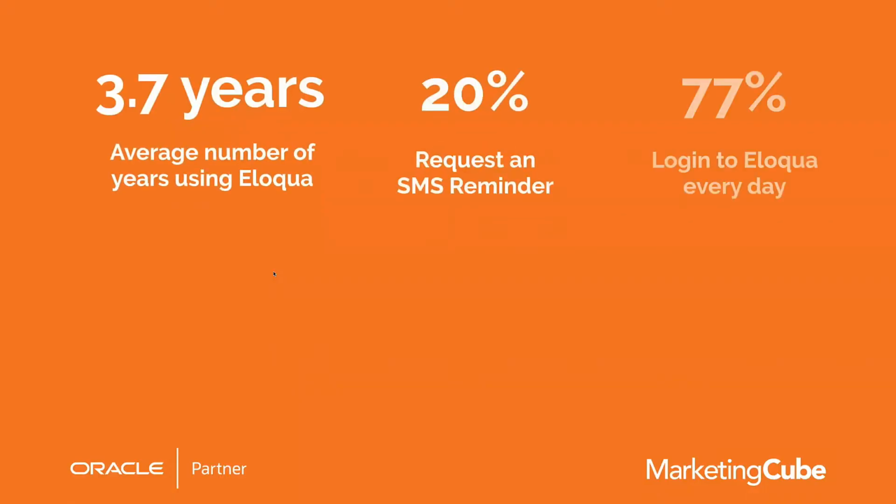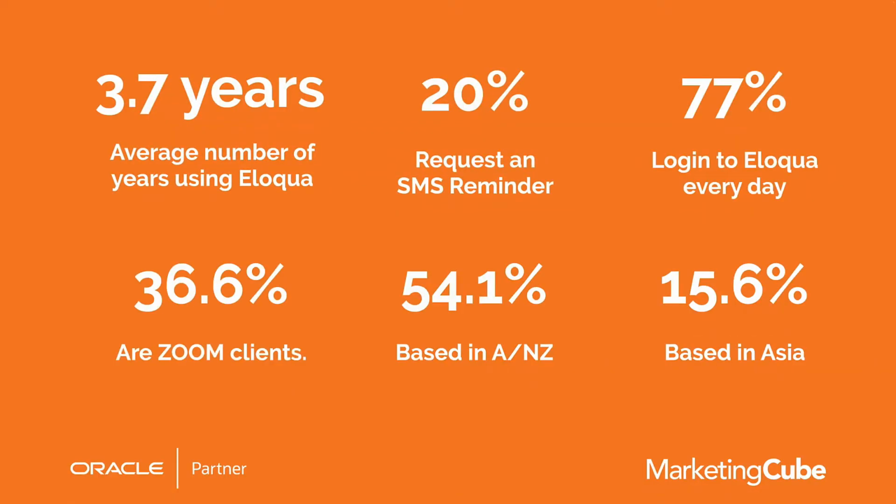All right, I want to throw some stats at you. These stats are all gathered from the registration form that you submitted to join this webinar. Across the registrants for today's session, on average, people have been using Eloqua for 3.7 years. Exactly 20% of registrants requested an SMS reminder, so hopefully you received that on your smartphone. 77% of you actually log into Eloqua every day, so the audience with us today are people who use the platform on a daily basis.